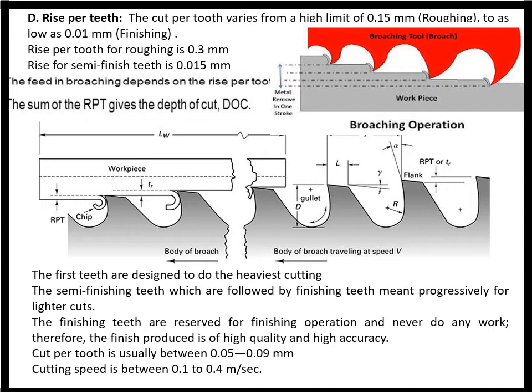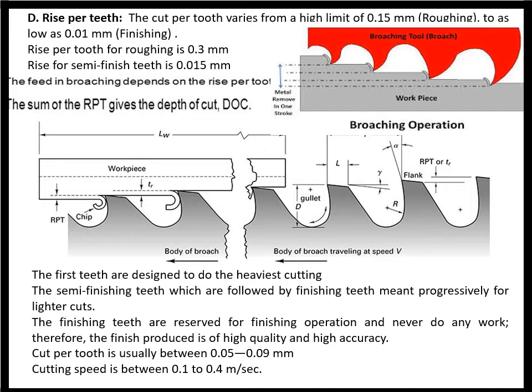This rise per tooth is very small and it is different for roughing teeth and for finishing teeth. The cut per tooth varies from a maximum of 0.1 mm for roughing teeth to a very low value of 0.01 mm for finishing.